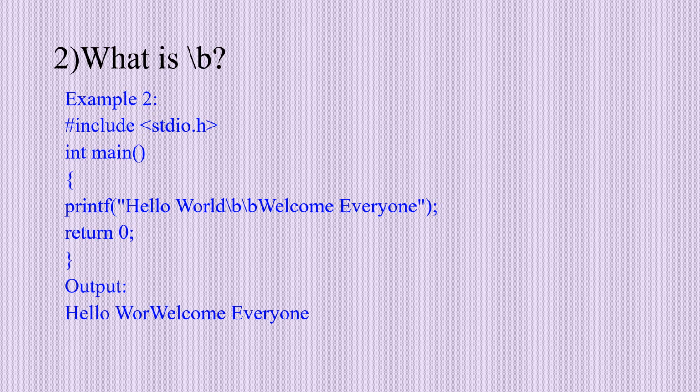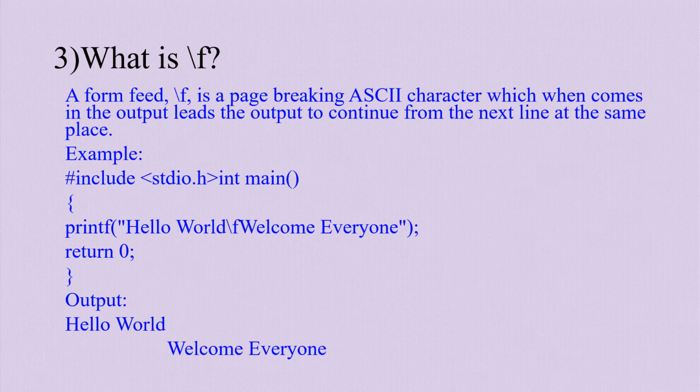The two letters are L and D. So whenever you see the output, you will find that the letters L and D are deleted. However many letters you want to delete, that many \b you can use. So this is the escape sequence.